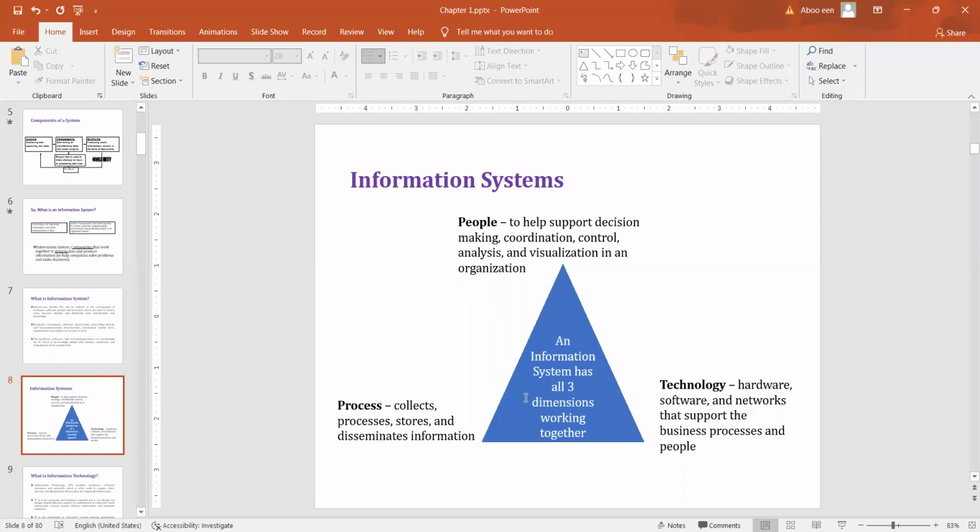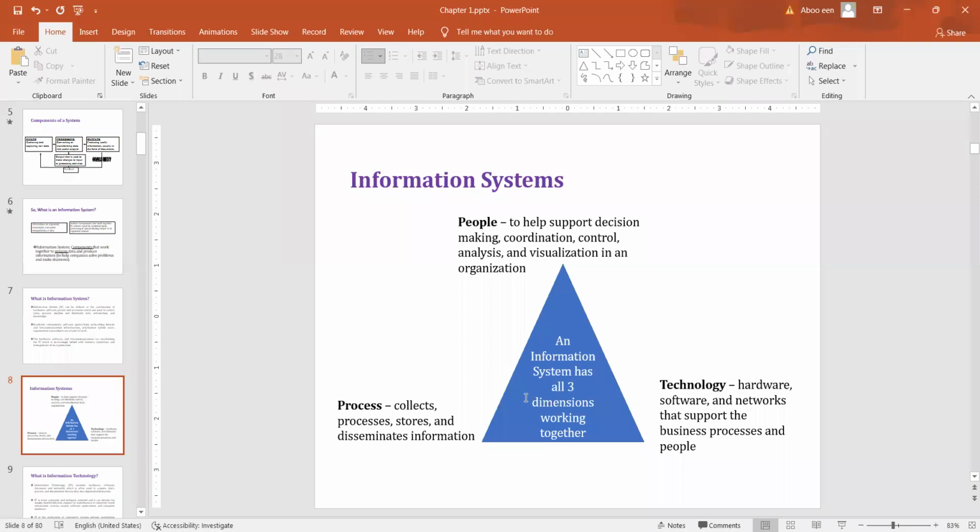They may coordinate, take decisions, control, analyze, and visualize the organization's data. Processes collect, process, store, and disseminate information. Technology is the hardware, software, and network that support the business process and the people. All these three components are treated as the information system.